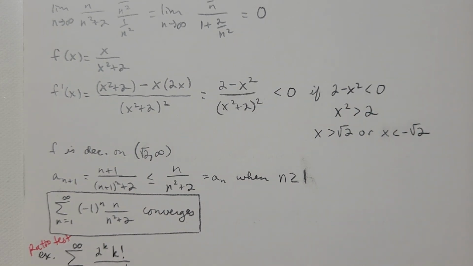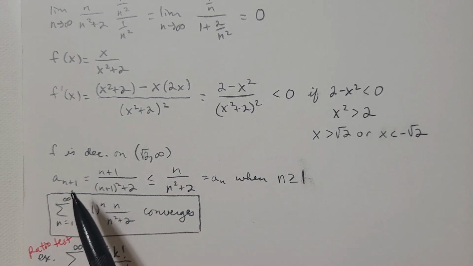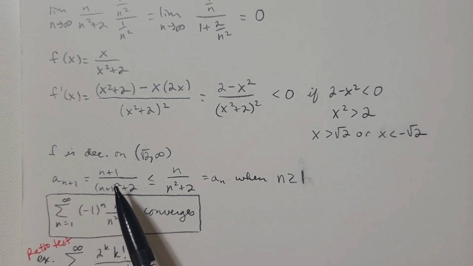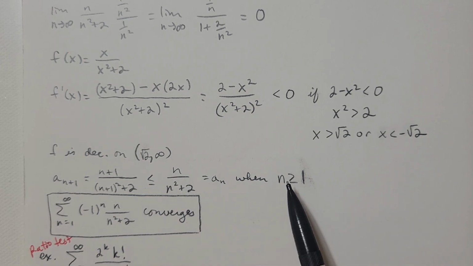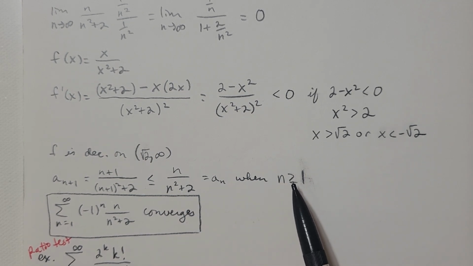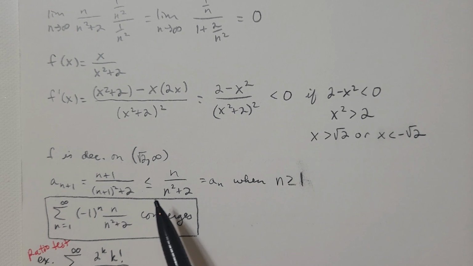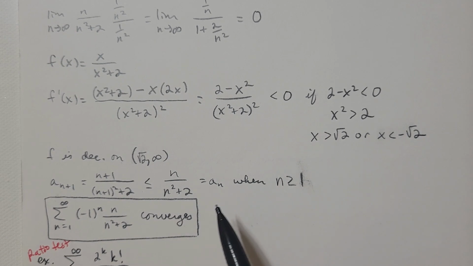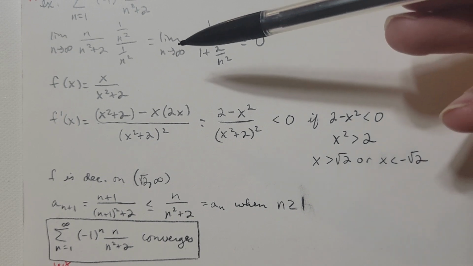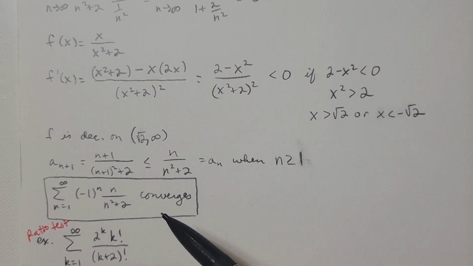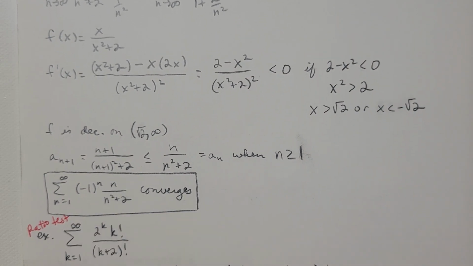Okay, and you could say that the n plus first term is always going to be less than the nth term when n is greater than or equal to 1. Okay, so the terms decrease. Because the limit gave me 0 and the terms decrease, I can say that the series is a convergent series.